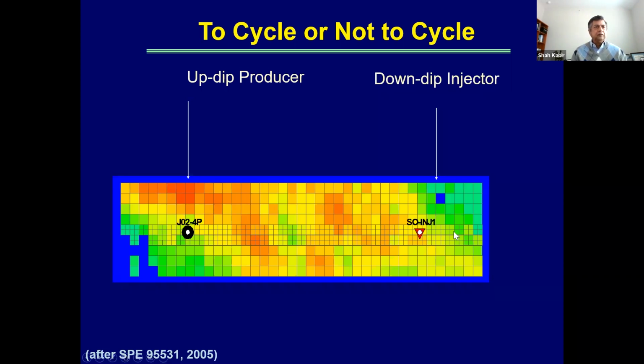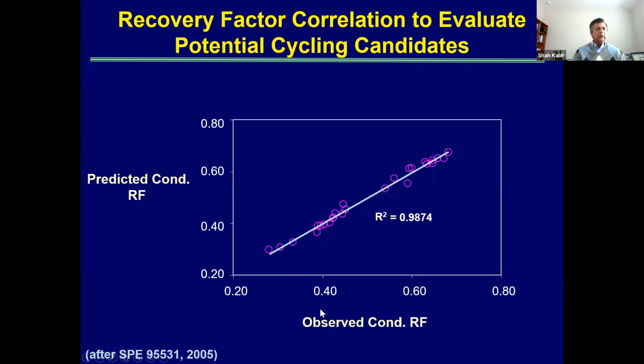This is the top view of the same system. Put some finer grids here. So we came up with this sort of correlation. Okay, so how can we increase our recovery, condensate recovery factor, or in this case, liquid?